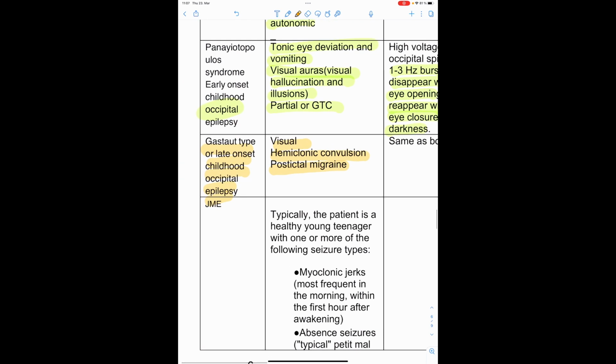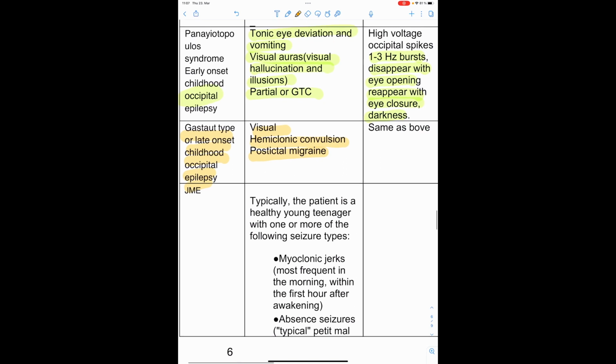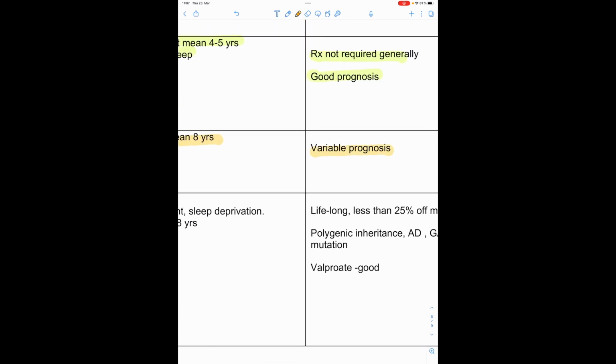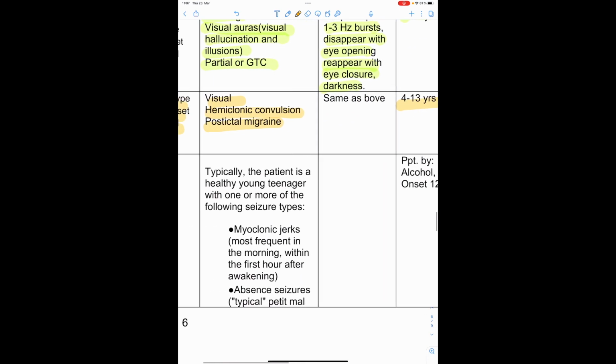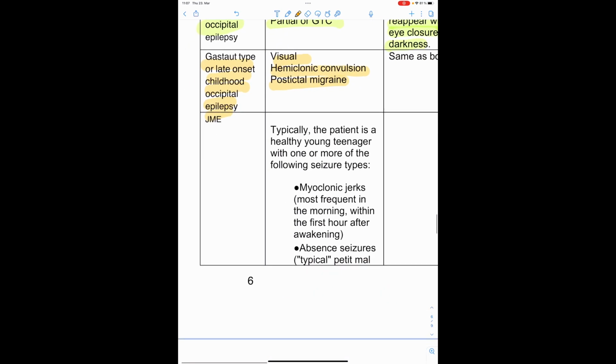Difference is this is early onset childhood and this is late onset. Panayotopoulos is early onset and Gestalt is late onset. And 4 to 13 years is the age limit, and mean is 8 years, and variable prognosis. So early onset has good prognosis, but this type has variable prognosis.